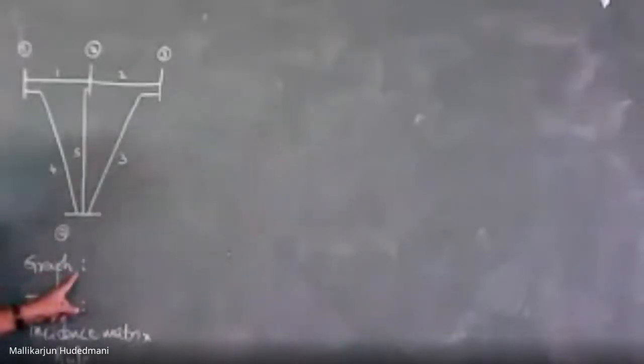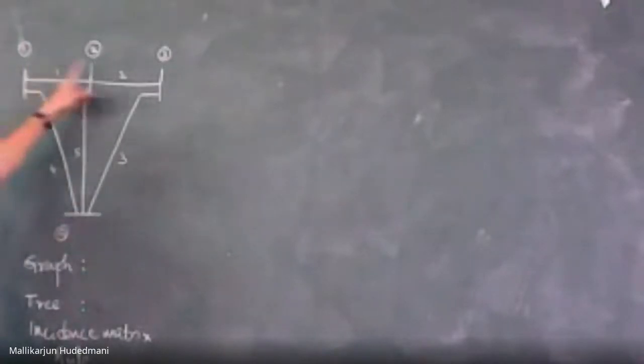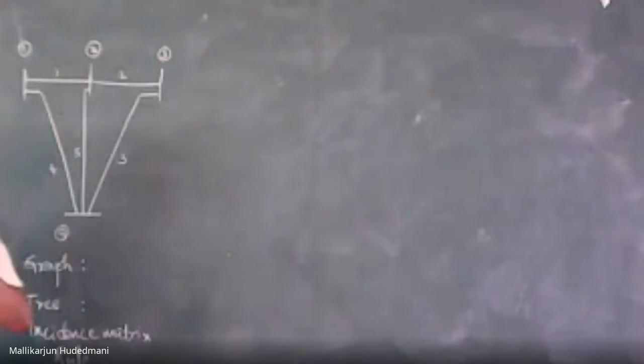It means the graph of an electrical network is the graphical representation of the connectivity between the terminals or between the buses of the system. How many buses do I have here? Physically 4 buses, labeled 0, 1, 2, 3. I have connectivity between individual buses. This is a physical layout of the transmission network.